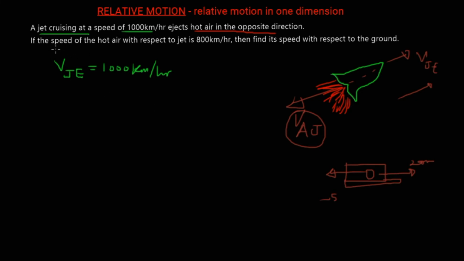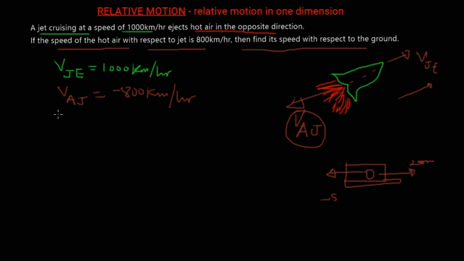So we can say the velocity or the speed of the hot air with respect to the jet, that's AJ, is equal to minus 800. Let's find the speed of the hot air with respect to the ground.